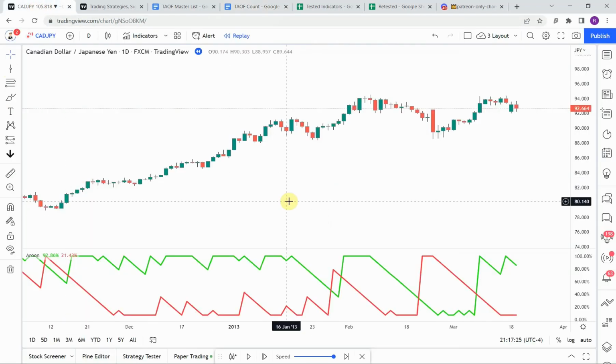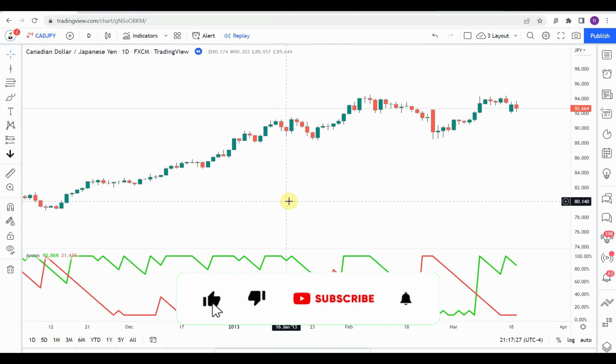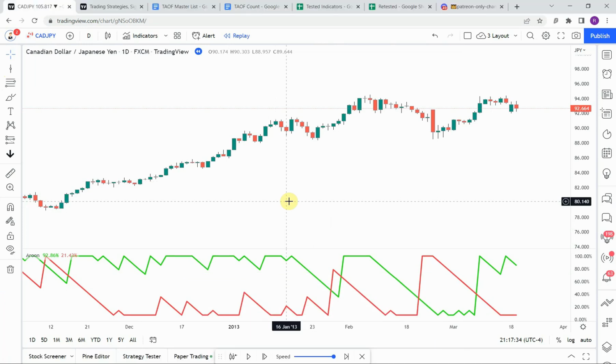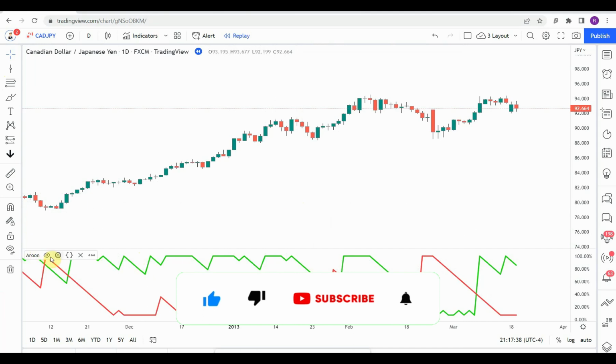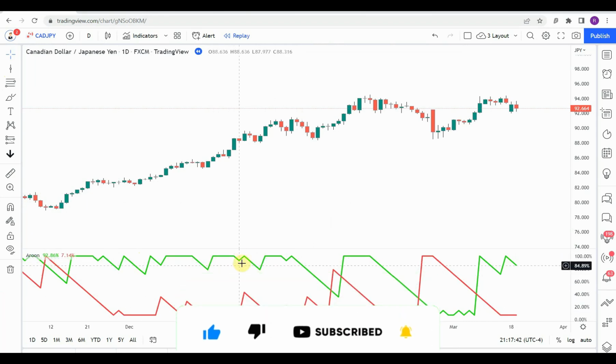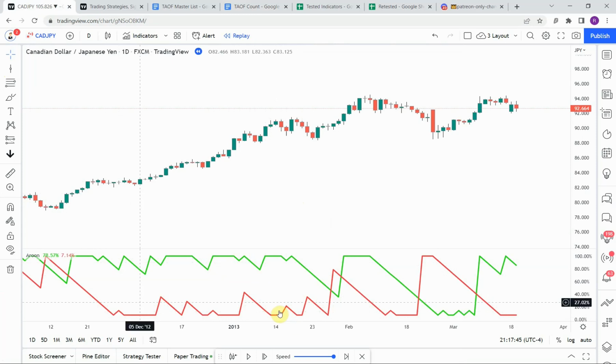Okay, so today's retest or advanced test is going to be on the Aroon indicator, sometimes called the Aroon up and down. You can see it here on the bottom of the screen. And so basically what we have are these 2 lines here. One is the Aroon up, one is the Aroon down.